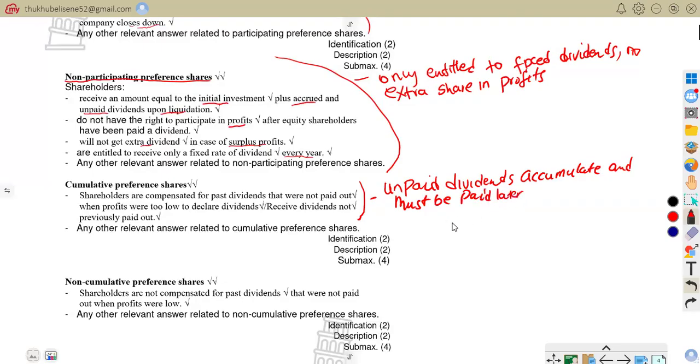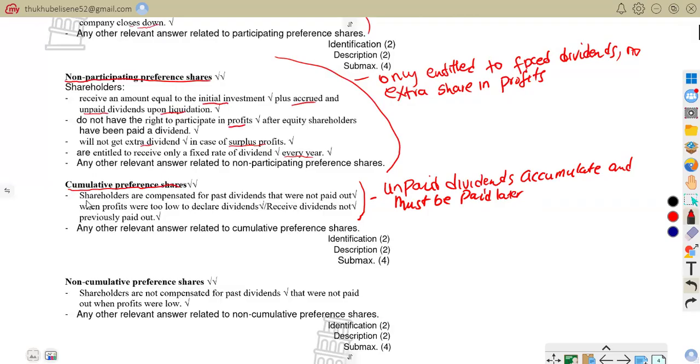So that is that. For example, if dividends were not paid in 2024, they are going to be carried forward to 2025. Those unpaid dividends are going to be carried forward to the next financial year, meaning the shareholders are still going to get their dividends. That is what a cumulative preference share is all about.